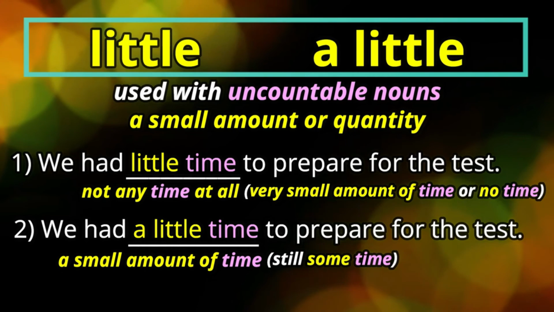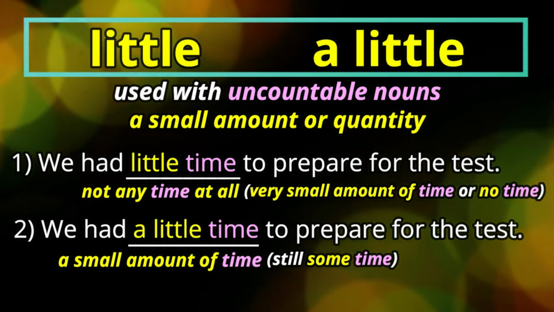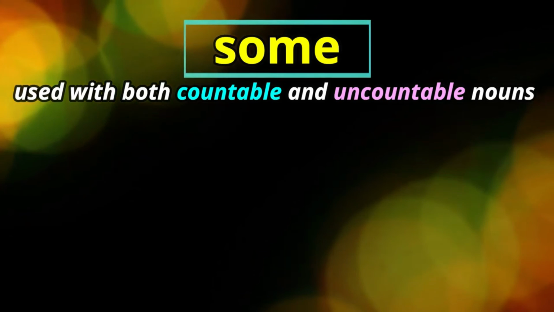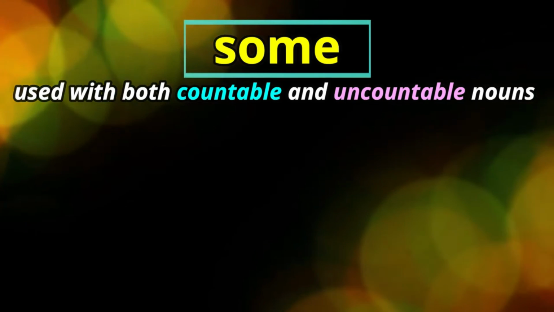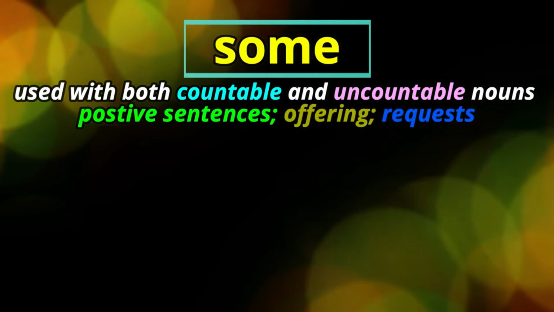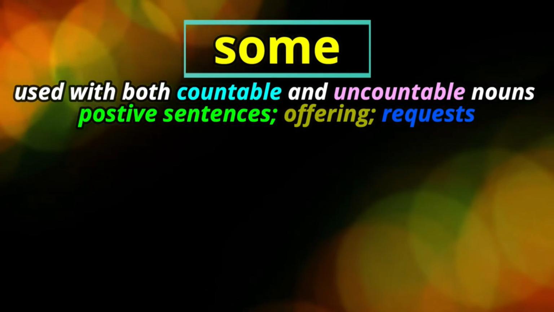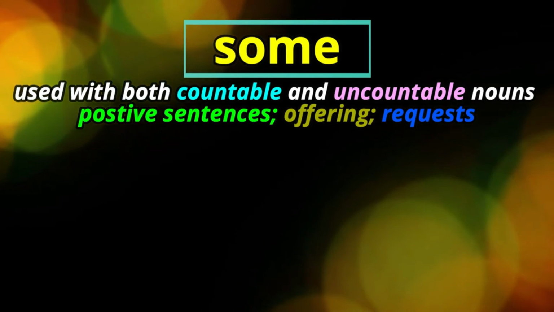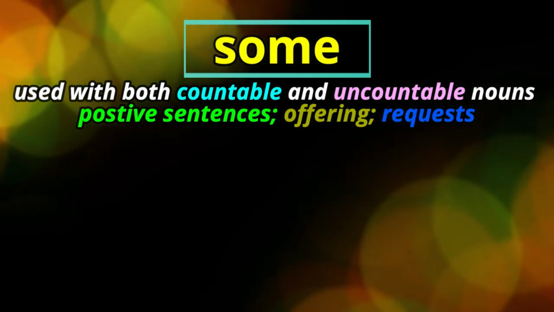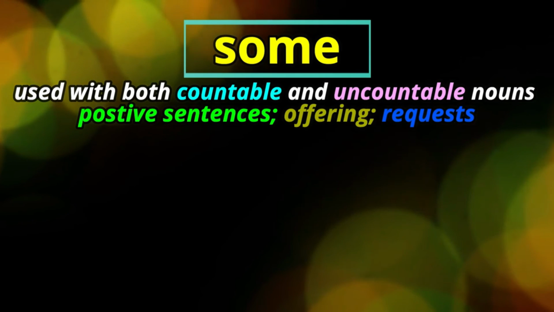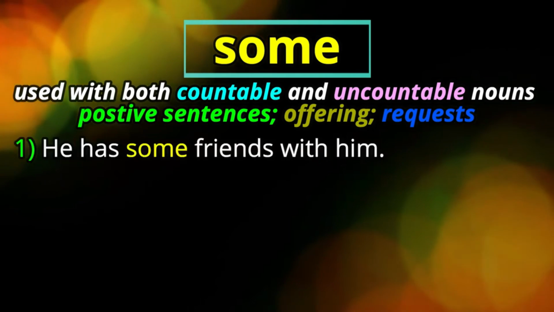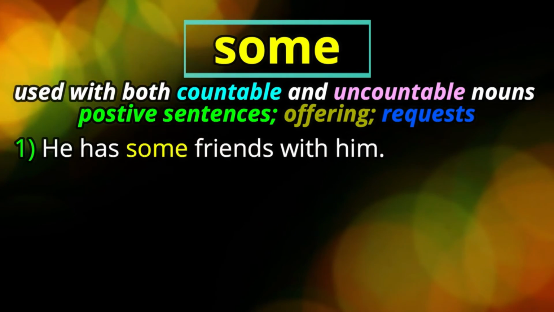Now let's look at how some is used. Some is used with both countable and uncountable nouns. It's used in positive sentences. It's used when we're offering something, and it's used with requests. Let's look at the first one. Number 1, he has some friends with him.